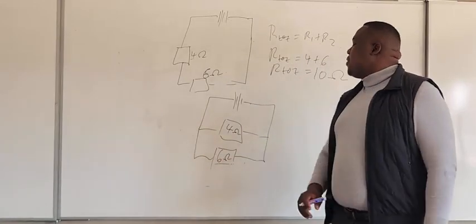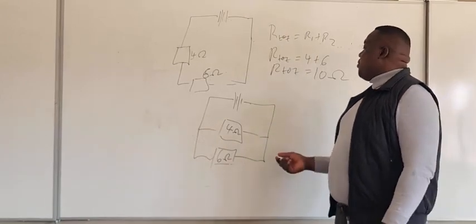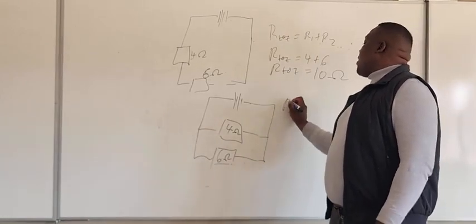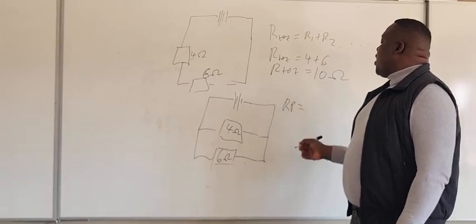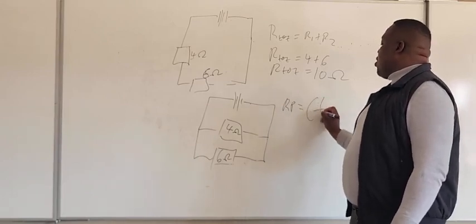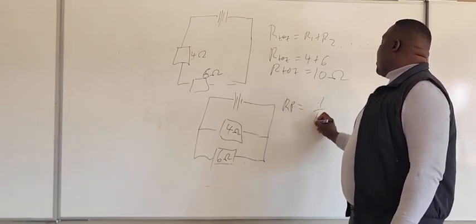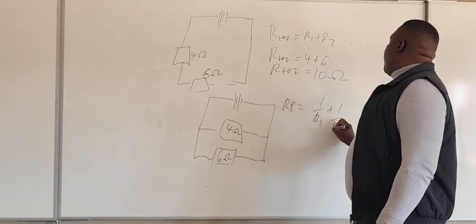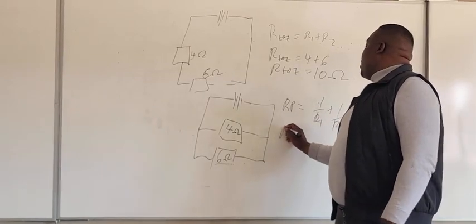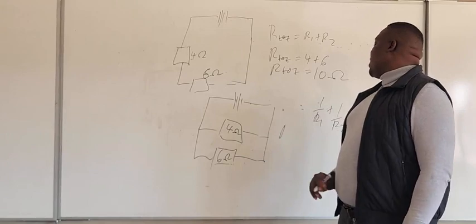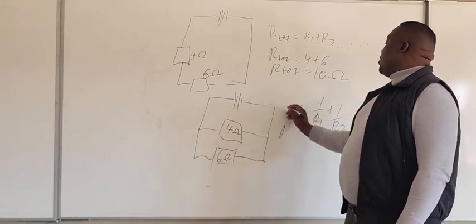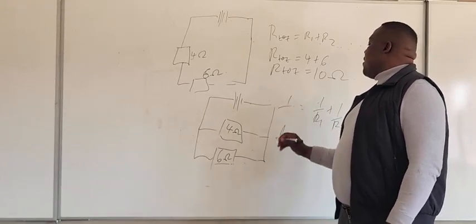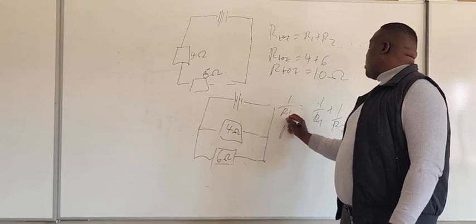What will happen? It means I'm going to have RP, we use our new method. RP is equal to 1 over R1 plus 1 over R2. We must write the correct formula, which will give us 1 over RP.